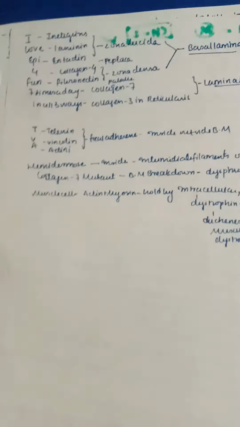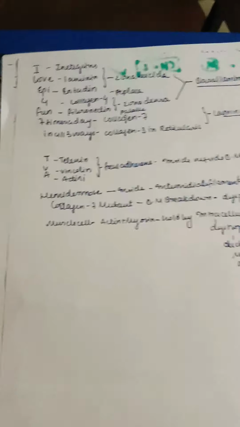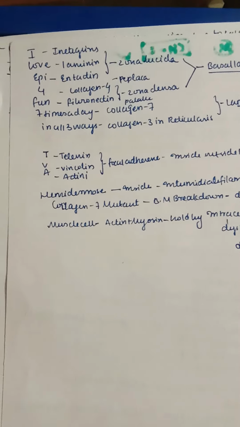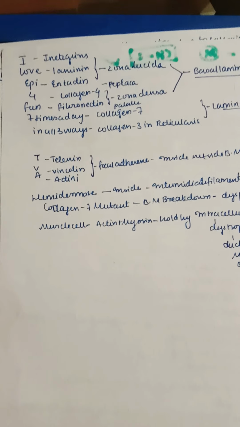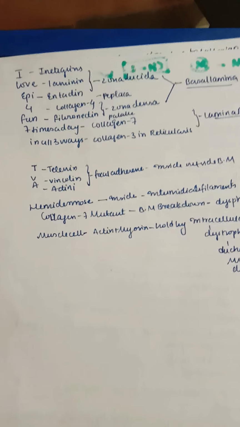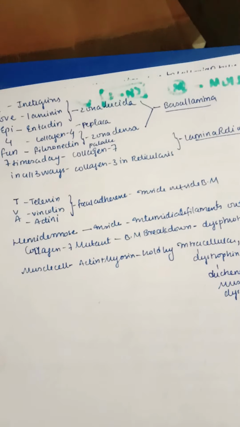Now we have some substances like integrins, laminin, entactin. Here you can remember it like: "I Love Everything For Fun 7 times a day in all 3 ways." This is a mnemonic: I for integrins, L for laminin, E for entactin, 4 for collagen 4, F for fibronectin, 7 for collagen 7, and 3 ways like collagen 3 in the reticularis.